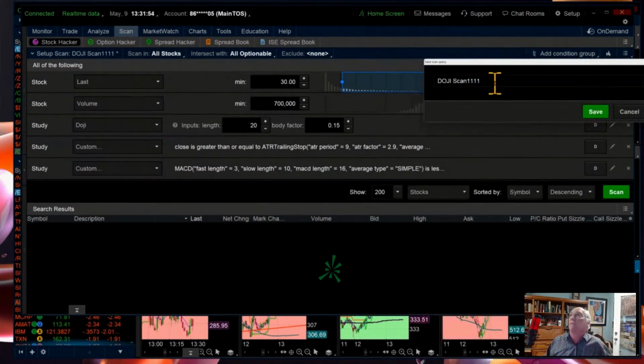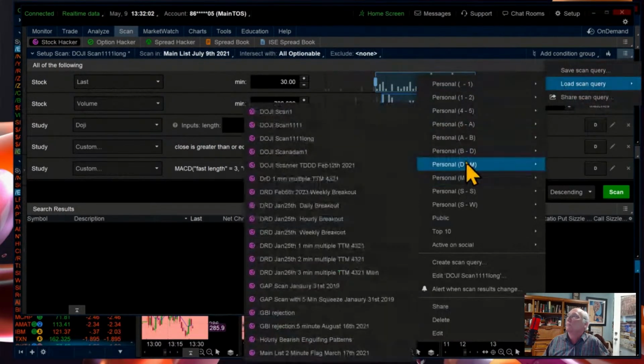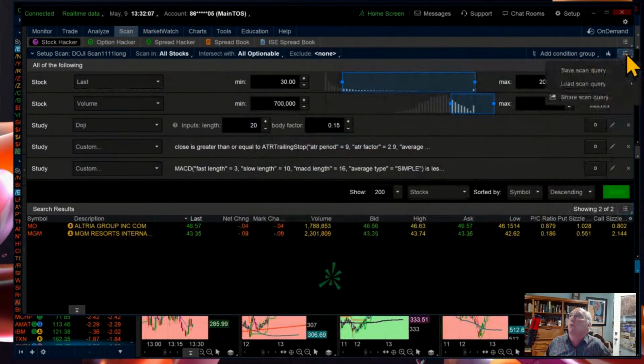And then I think I have to get going, but there. So scan, share that for you. Now, if I mess this up, I'll let you know. Close is greater than MACD, yeah.